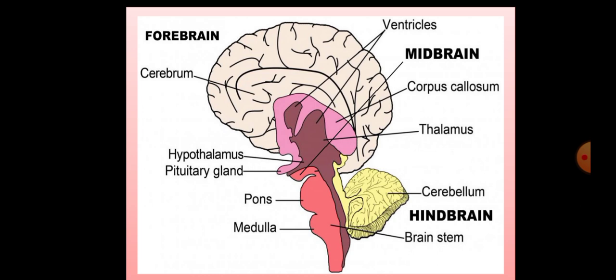The brain can be divided into three major parts: forebrain, midbrain, and hindbrain.